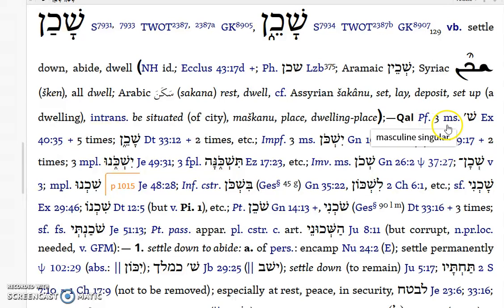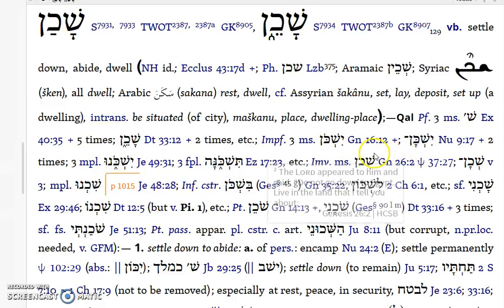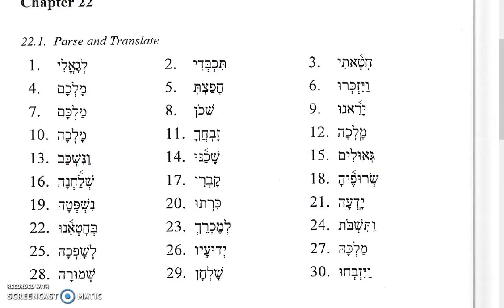But anyway, it gives the third masculine singular form, which is a dictionary form, and it also will give you the imperfect form, yishkon, and so forth. But it also gives you the imperative form, which is shekon. So you could actually look it up in Brown Driver Briggs and see that, well, yes, that is an O-class imperfect, and the imperative form is identical to the infinitive in this particular case.